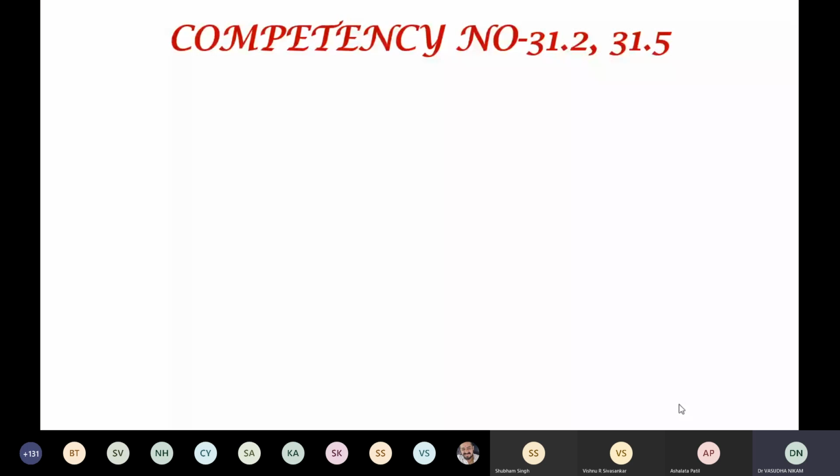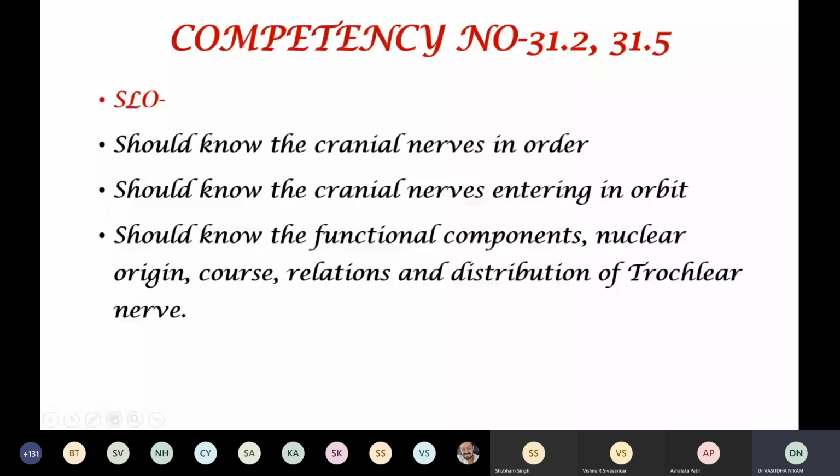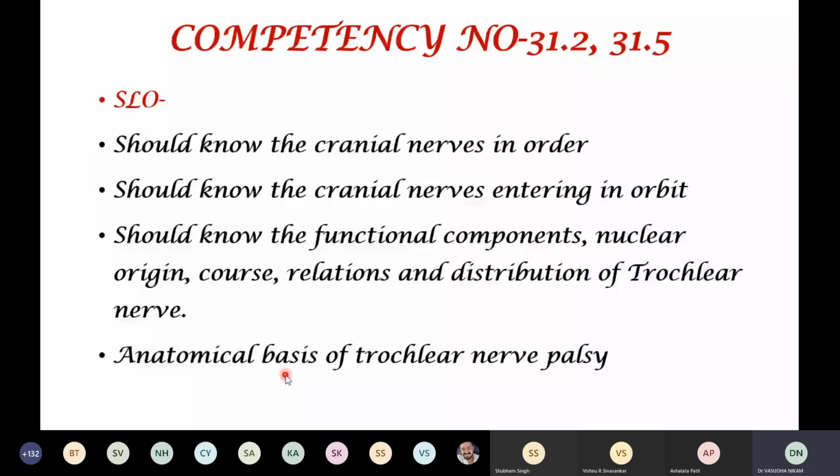But here we are going to deal with the functional components as well as nuclear origin, course, relations, and distribution of the trochlear nerve. If you compare with the oculomotor nerve, the course and relations are approximately the same, only the distribution is different. And also we should know what happens to the patient if there is trochlear nerve palsy. Okay. So go for the trochlear nerve now.